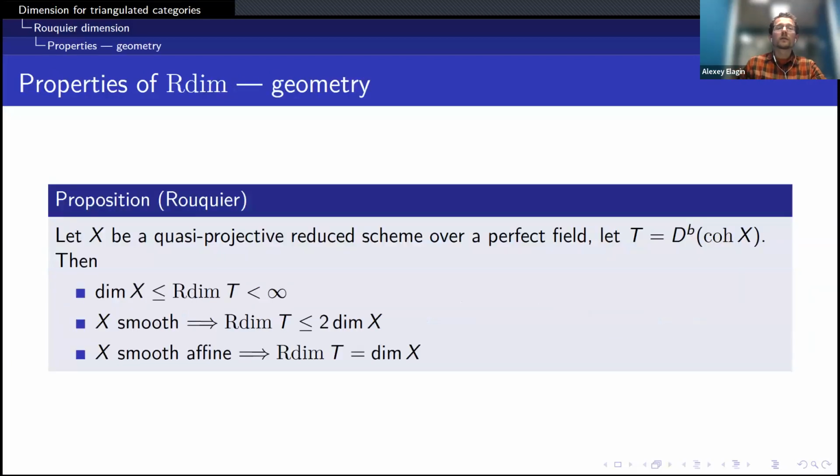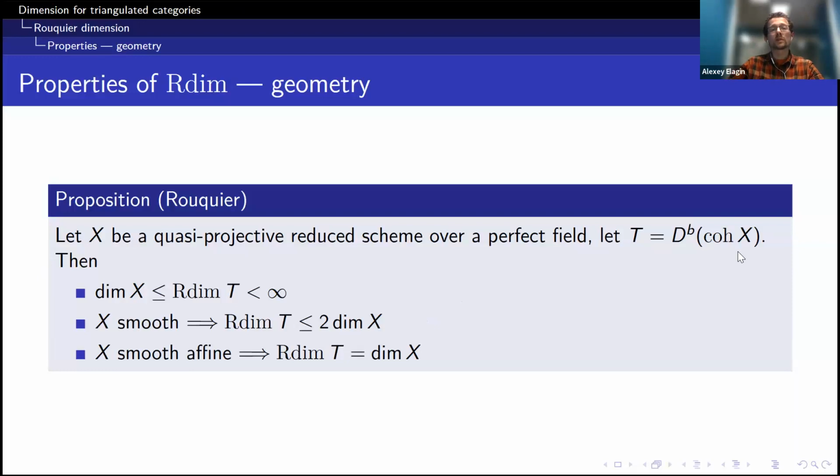So there are first properties of this dimension that were obtained by Rouquier himself in his original paper. These properties are for derived categories of coherent sheaves on varieties or even schemes.